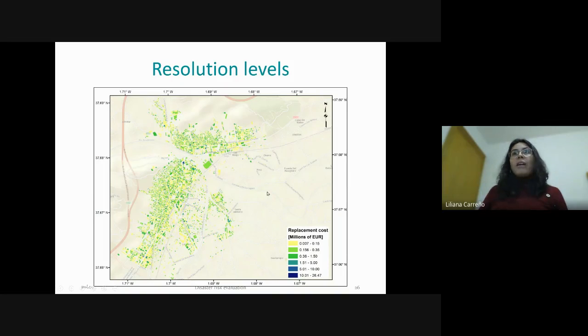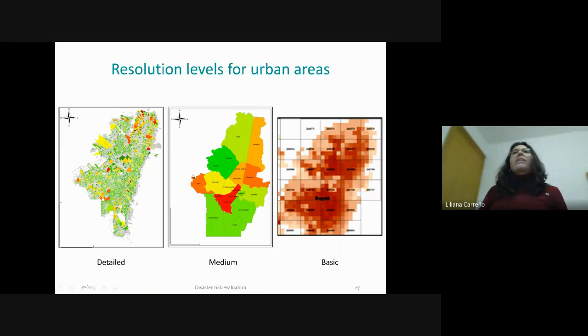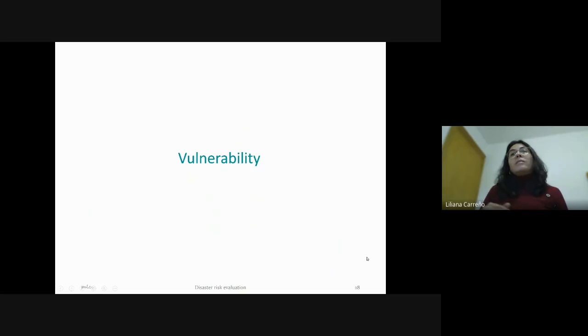Or a detailed level used here for the city of Lorca, where the replacement cost building by building was estimated. In the case of urban areas, according to the available information, also we can use different levels of resolution. And the exposed elements should be related, the vulnerability of the exposed elements should be identified.